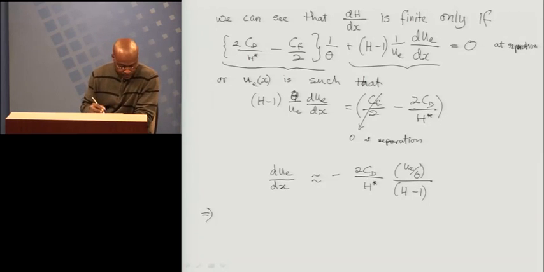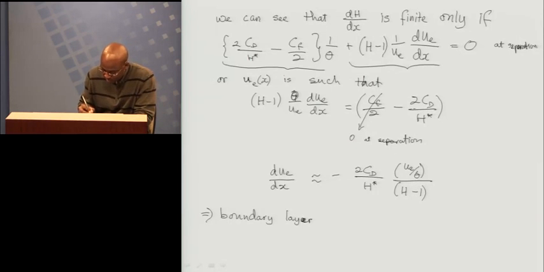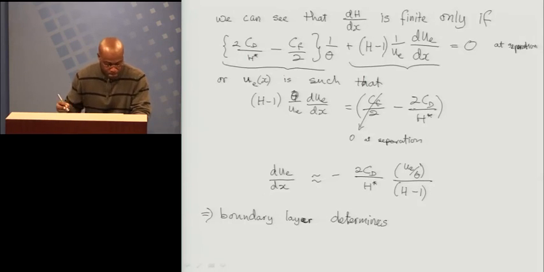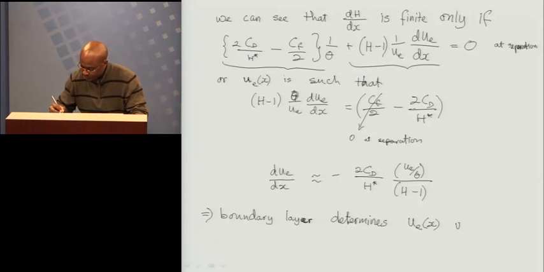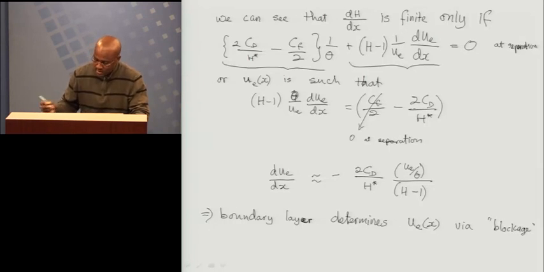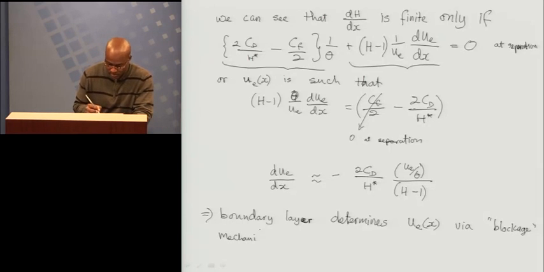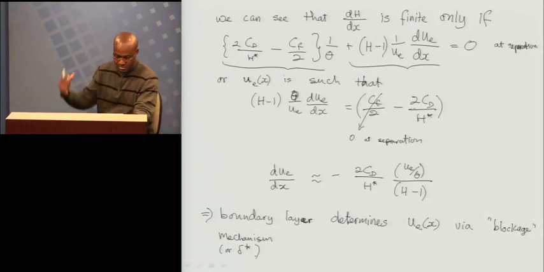Okay, so the new boundary layer in this case actually determines the edge condition there once we separate, via what I'll call the blockage mechanism, or the displacement thickness mechanism.